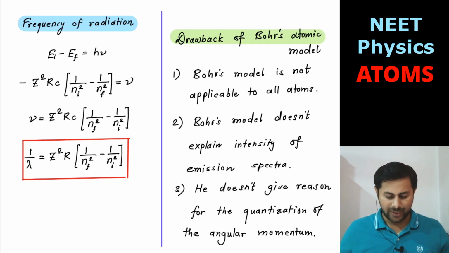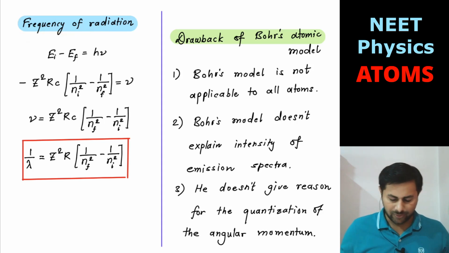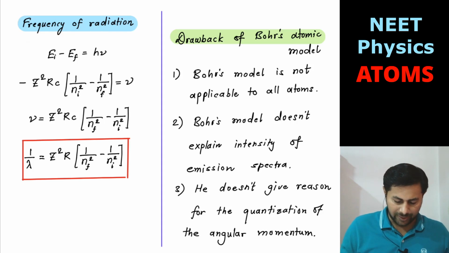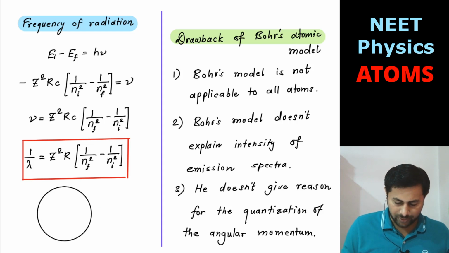All right, so then next is the frequency of radiation. We know from Bohr's theory that when an electron jumps from a higher orbit to a lower orbit, suppose the electron revolves in this initial orbit I, and then it jumps from this initial to the final orbit F. What happens?